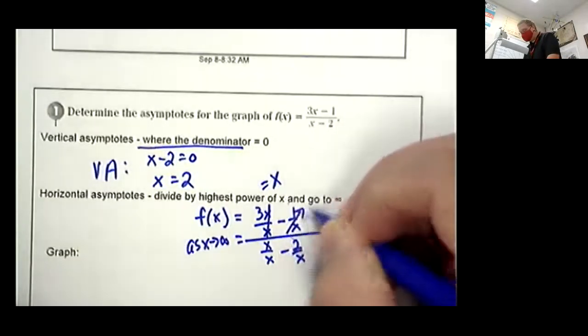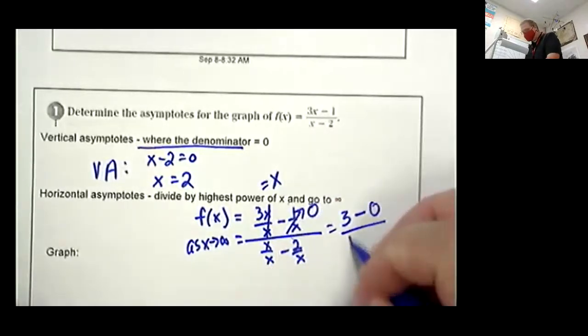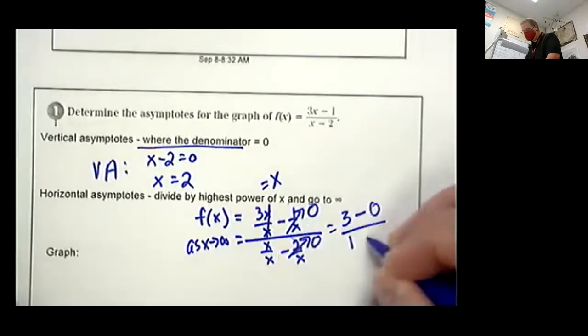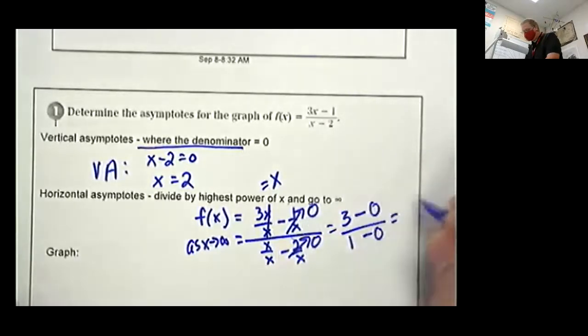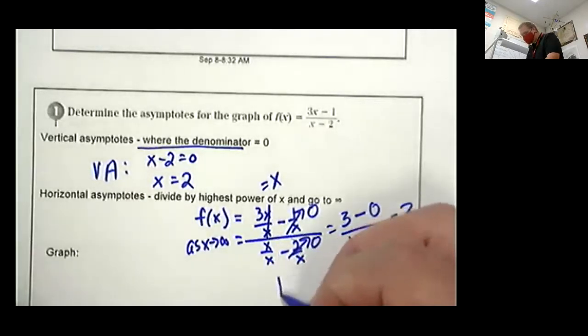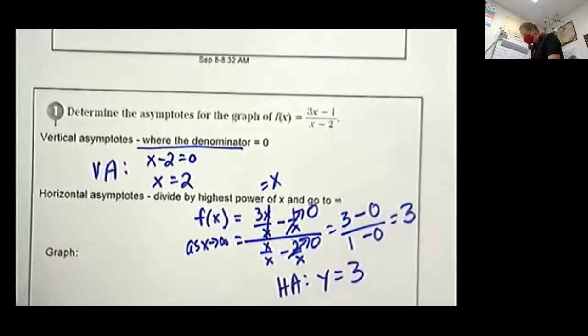This term goes to 0. x over x goes to 1. Again, this term, as this number gets really, really big, as x goes to infinity, this one also goes to 0. And what's left? Well, we get 3. Therefore, our horizontal asymptote is at y equals 3.